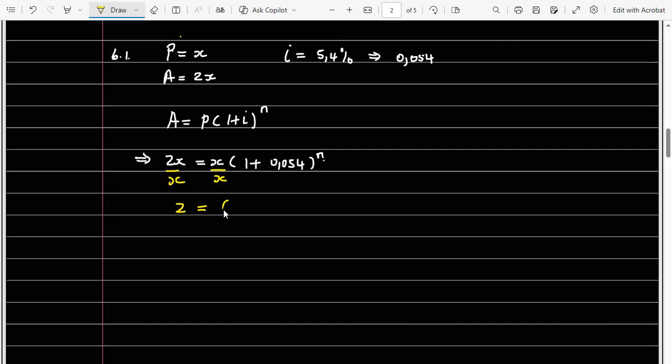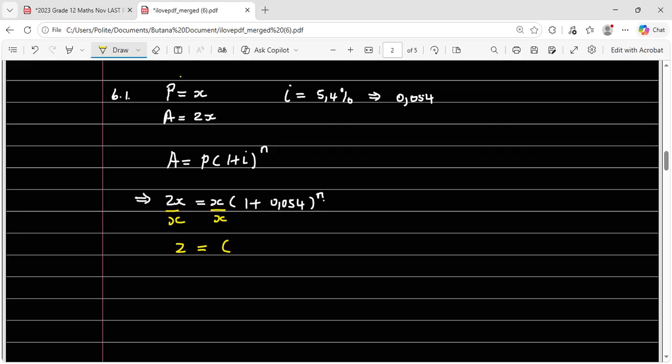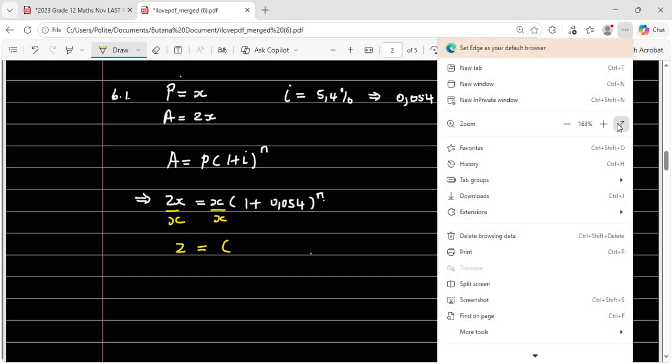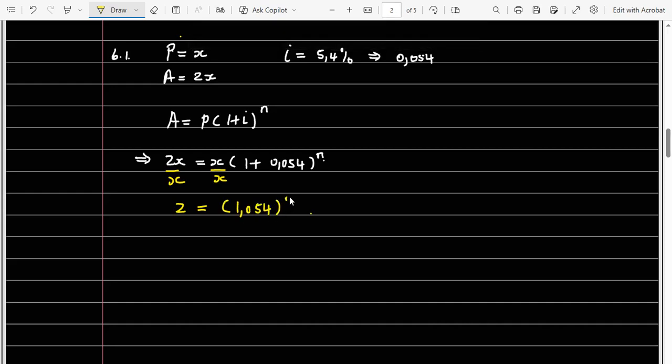It equals what is inside the bracket: 1 plus 0.054, which gives us 1.054. That's what we have inside the bracket.